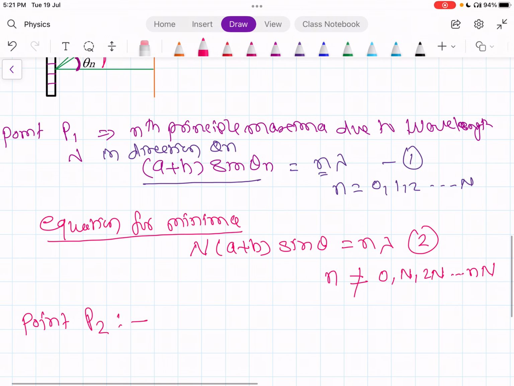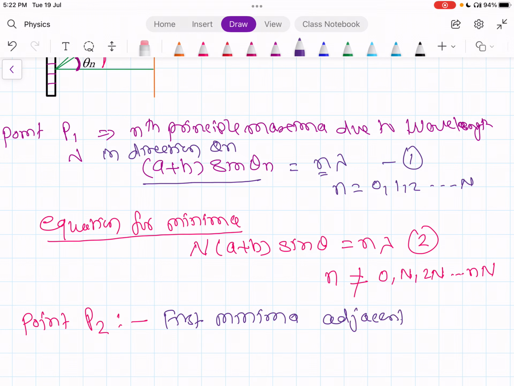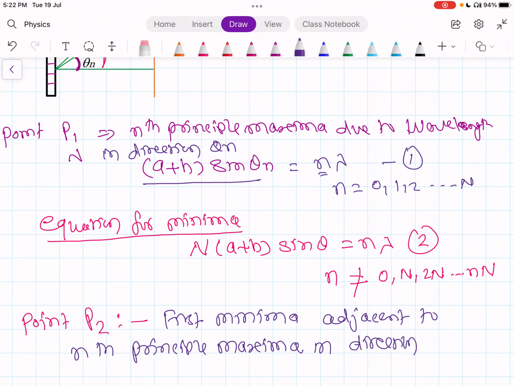Let's write that: at point P2, we get the first minima which is adjacent to the nth principal maxima in direction theta n plus d theta n.